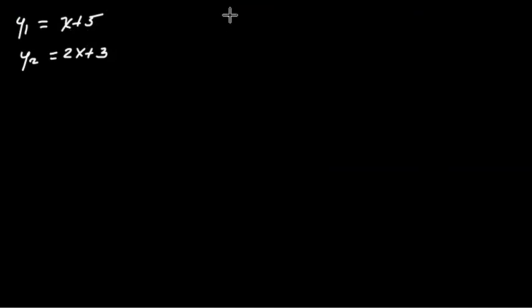What if I said, let them equal each other? y1 is equal to y2. Well, what does that mean? Well, x plus 5 at some point is equal to 2x plus 3. Yeah, because that's what it is, right? y1 is x plus 5 and y2 is 2x plus 3.